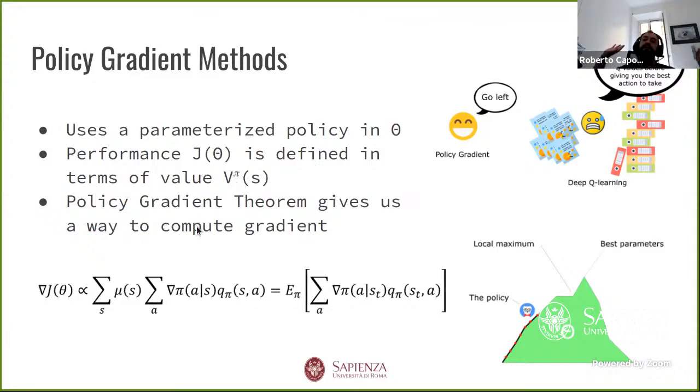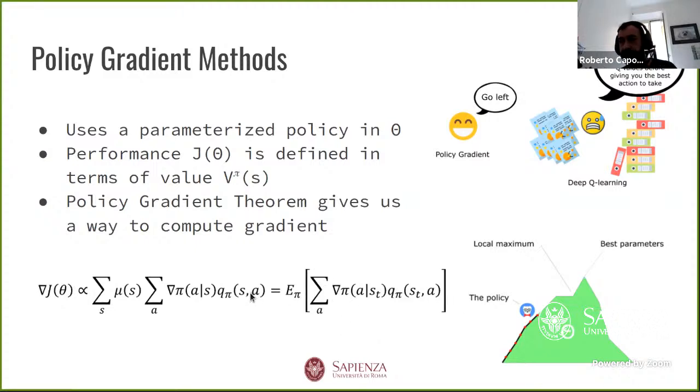And then the policy gradient theorem, which I'll not go through here, but again, I can send you material if you're curious about this, tells us how we can compute the gradient of this performance function and change the parameters of our policy. So this is the way we do this.